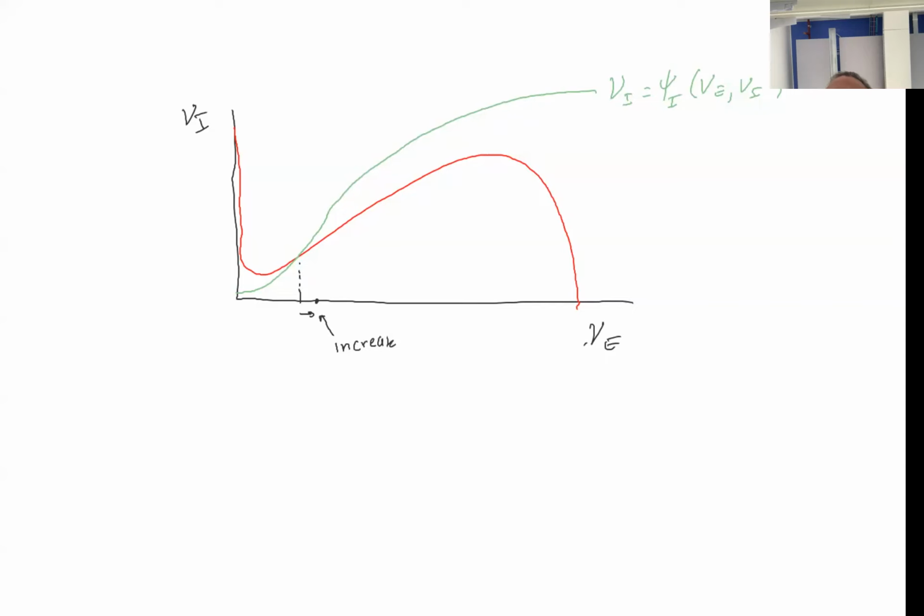Actually, better pictures. We start here and we increase nu E. So we go to there. Immediately, we're pulled up to here, okay, with the fast inhibition, and then we're pushed in this direction. So basically, oh man, why does that happen?